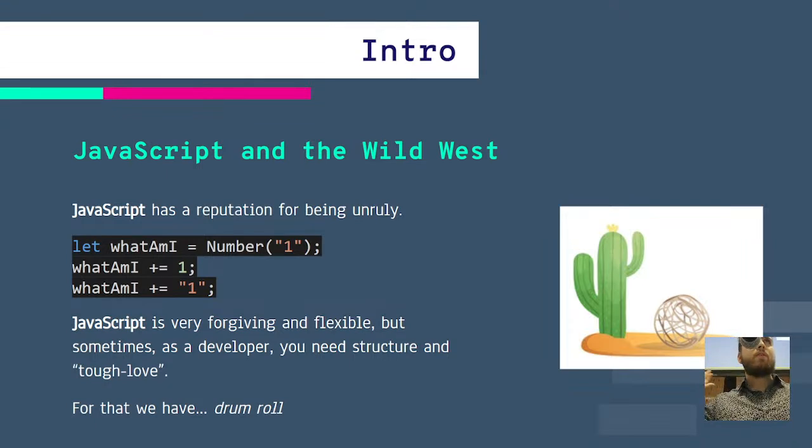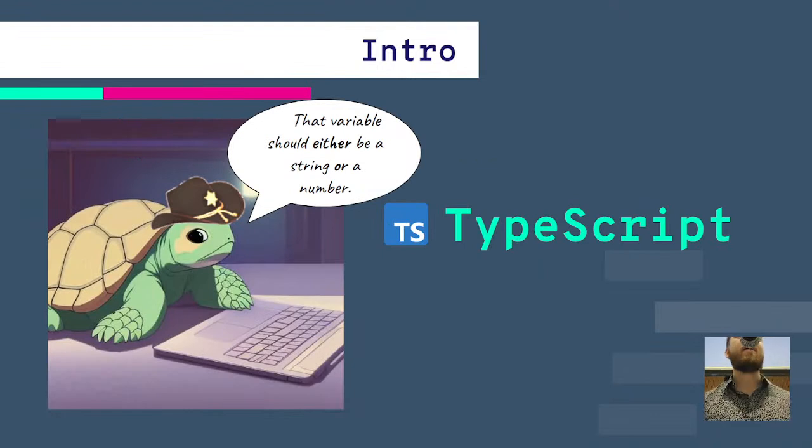So JavaScript is very forgiving and flexible, as we can see in this example, but sometimes as a developer, we need structure, and I threw out the phrase tough love. And for that structure and tough love, we have something called TypeScript.